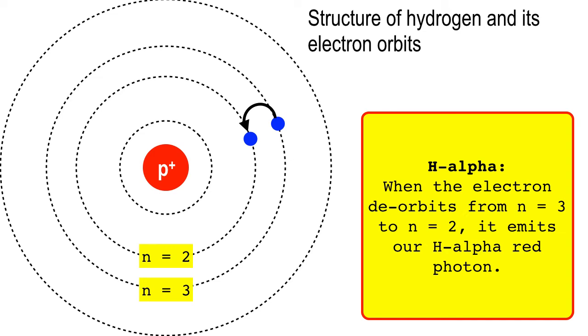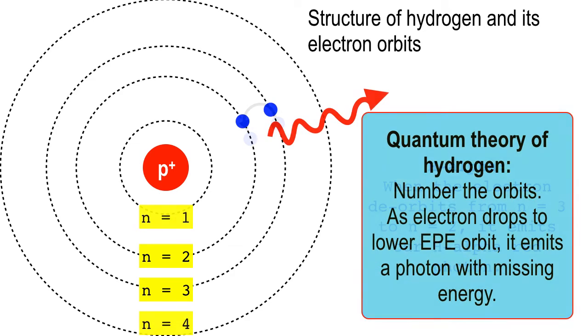This is happening all the time. And when we were looking at the spectrum of hydrogen the first day of class, that was the brightest line that we saw. n equals 3 down to n equals 2. And bam, here goes the red photon outgoing. So you number the orbits, and as an electron drops to the lower EPE orbit, it loses some energy.